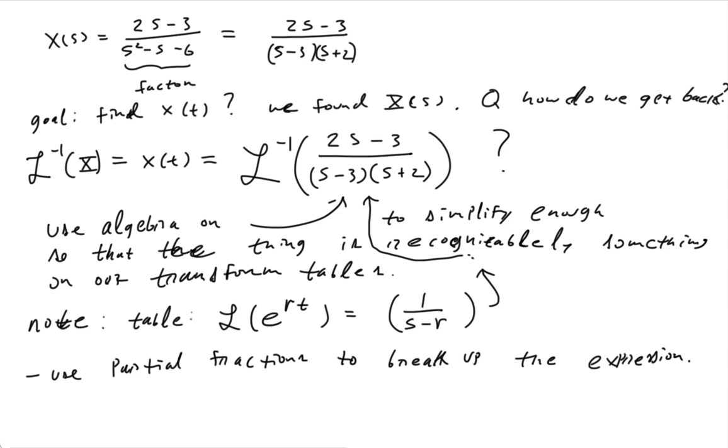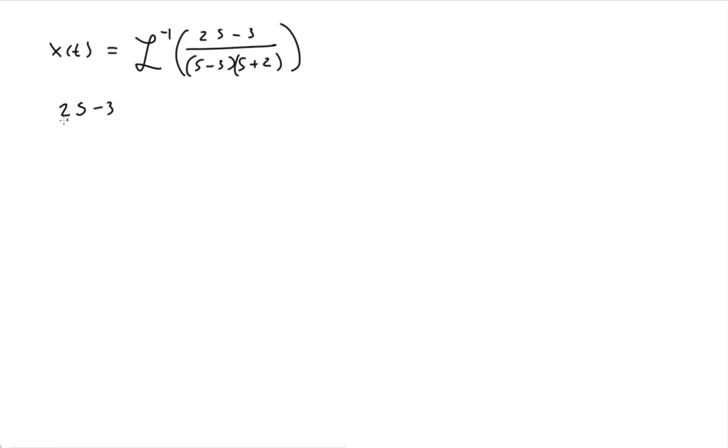All right, so we're going to use one more page here. What we had here is we want x of t to equal the inverse Laplace transform of 2s minus 3 all over s minus 3 times s plus 2. Right, so we're going to have to analyze this rational expression inside that inverse Laplace transform.